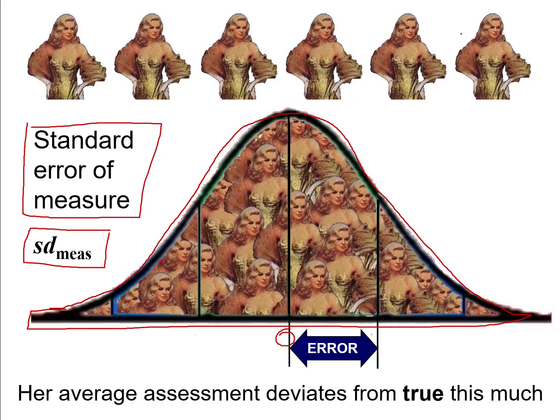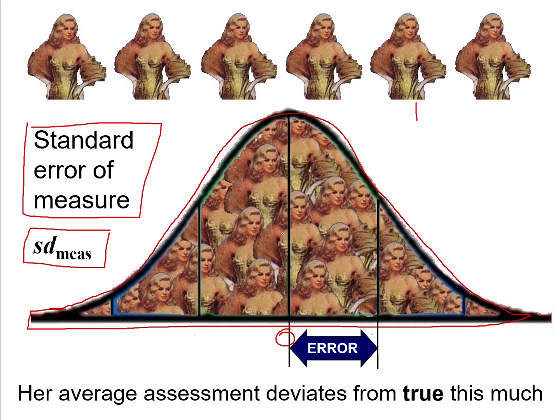If I assess that person on one occasion, how much does that one assessment deviate from her true score? And if I assess her over and over again an infinite number of times, on average, how far does each assessment typically deviate from that person's true score? And that is the standard deviation of this distribution of measurement error.